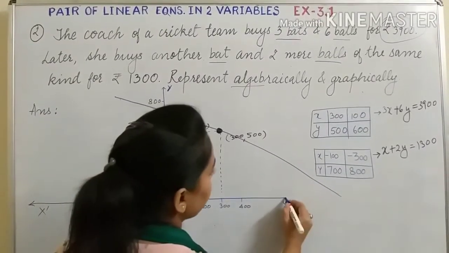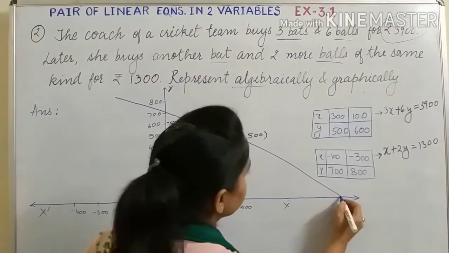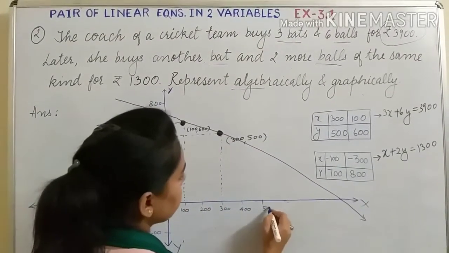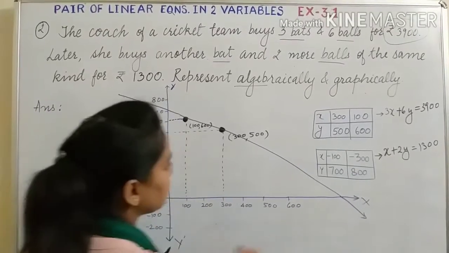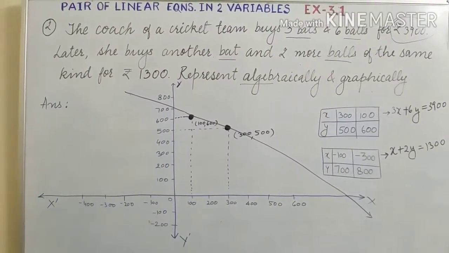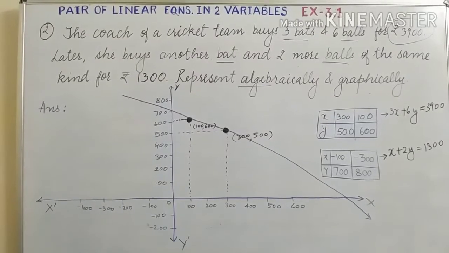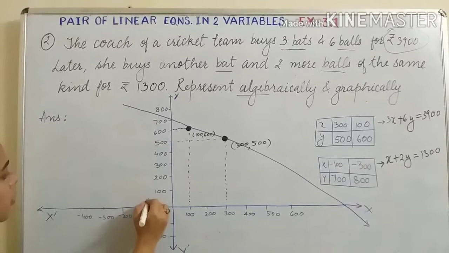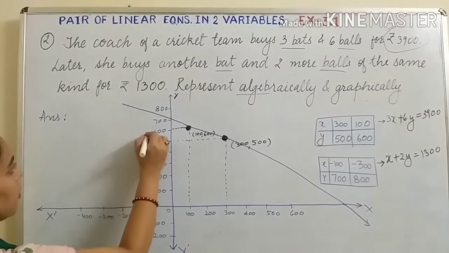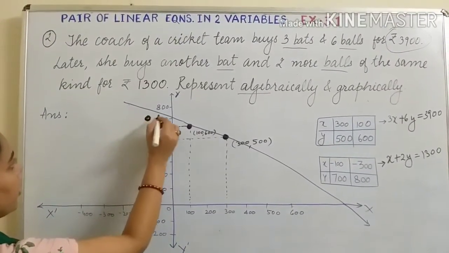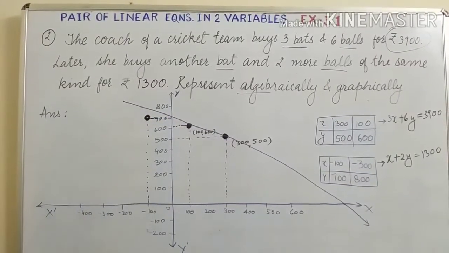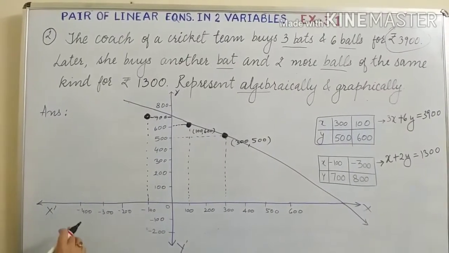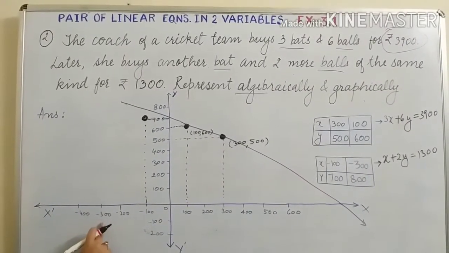If it goes out of the view, then you have to extend the graph. Extend it. Now the next table, x is minus 100, y is 700. X minus 100, this is the point 700, and x minus 300, y is 800.